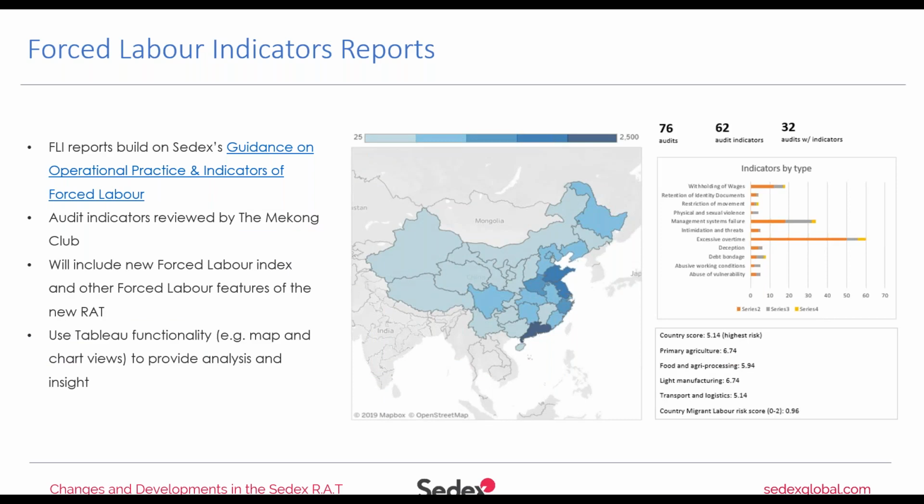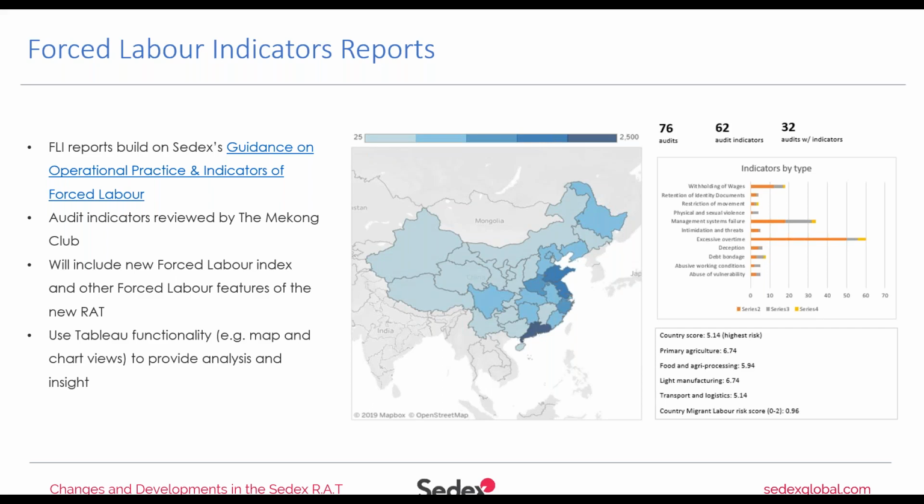The other thing that we'll be doing and kind of hosting now within the risk assessment tool is we will be updating the report that currently exists within SEDEX Analytics called the Forced Labour Indicator Reports. So this report, if you're not familiar with it, it builds on our guidance on operational practice and indicators of forced labour.